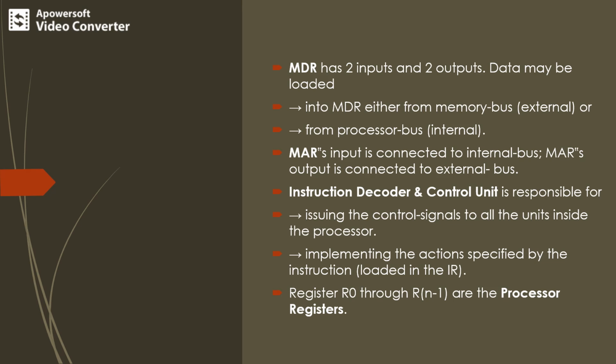MDR has two inputs and two outputs. MAR has two inputs and two outputs. Data may be loaded into MDR either from the memory bus or from the processor bus. So the data can be loaded either from the processor bus or else from the memory bus into the special register called MDR.